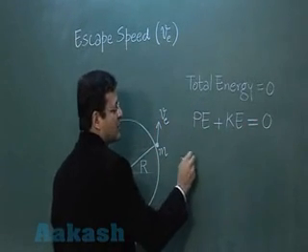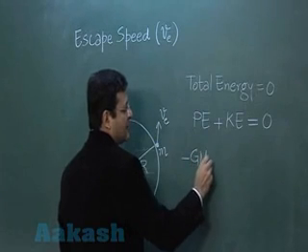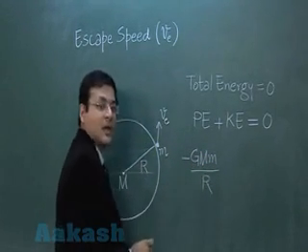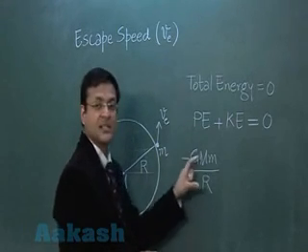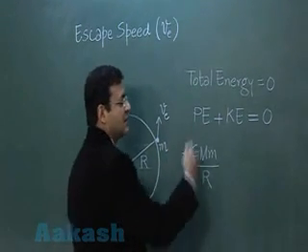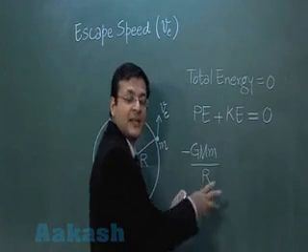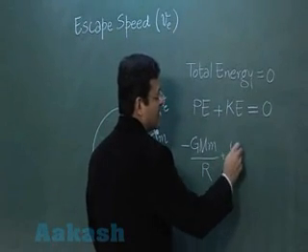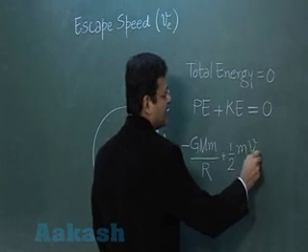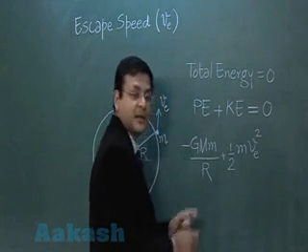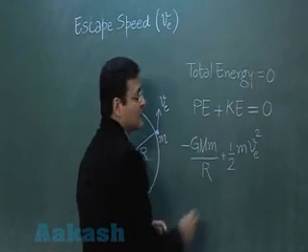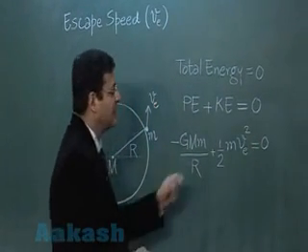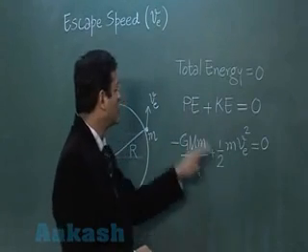Potential energy for this mass is minus GMm by capital R. Now if you want to make this energy to be zero, that means some positive energy is to be provided, and that positive energy is being provided essentially by this escape speed. So I am writing the kinetic energy due to this escape speed, that is half mv square, and that makes it equal to 0. This is the minimum value of speed which will make the total energy of this mass to be 0.